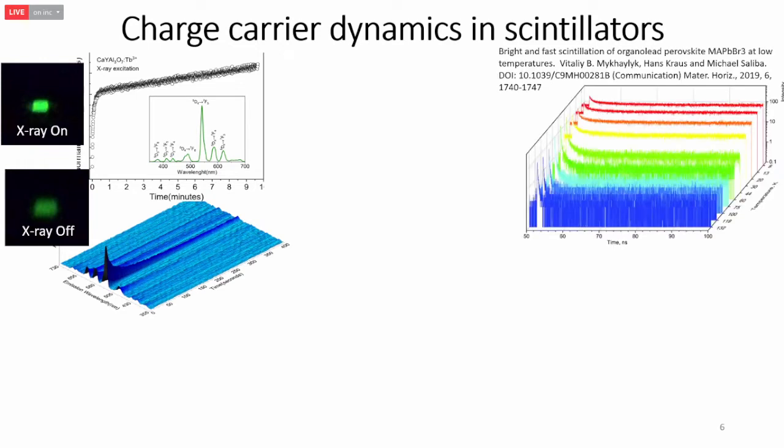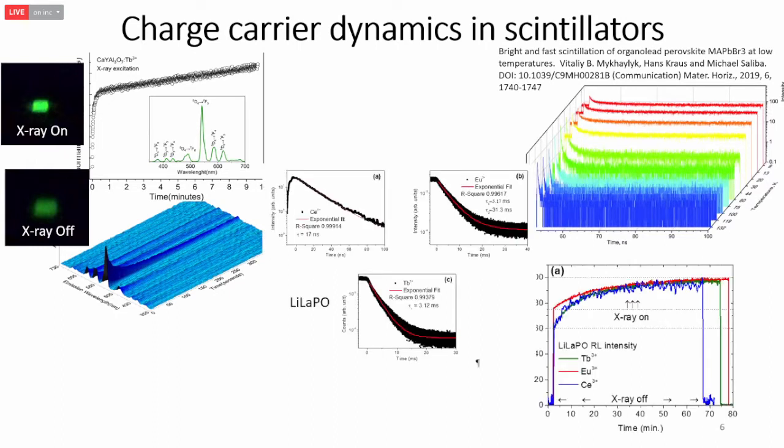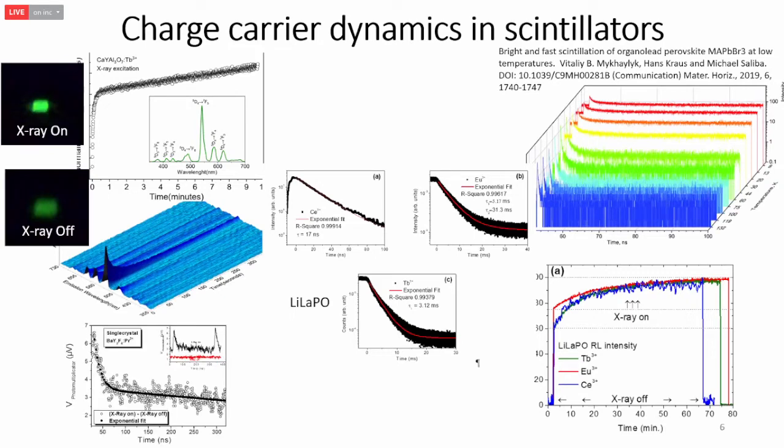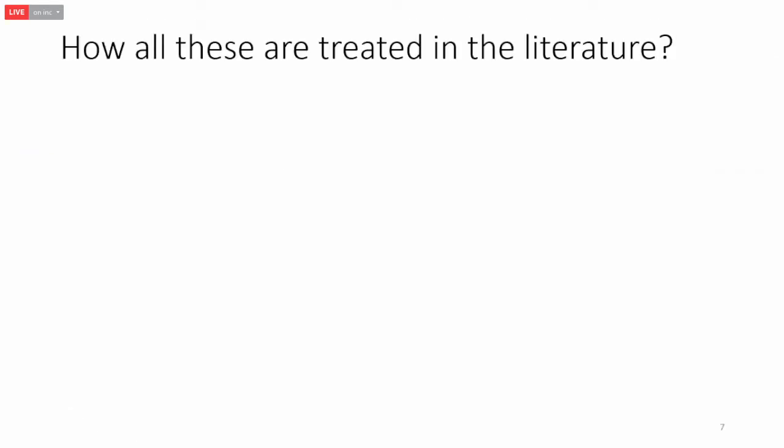We can have properties where the light intensity depends on the temperature of the detector. You can have the same samples where you change the luminescence center and you have different time profiles, and so on and so forth. So this is the question that we decided to deal with.